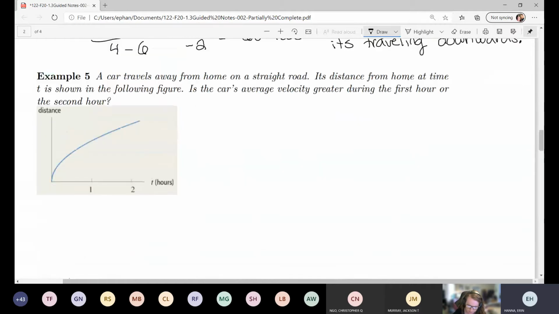So, coming back here, let me split this graph up a little bit. The first hour would go from 0 to 1, right? So let me draw the line to the best of my ability between those two points.